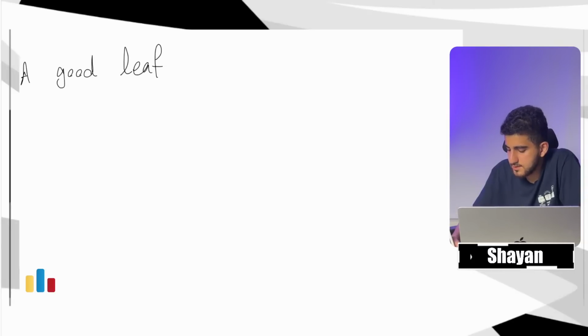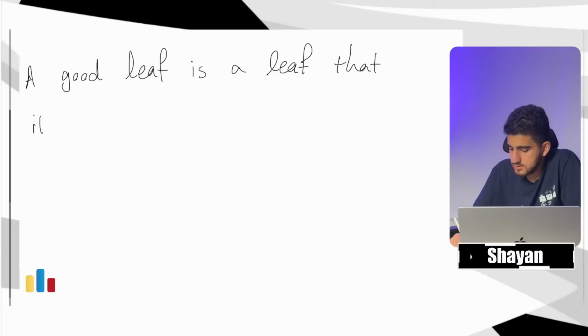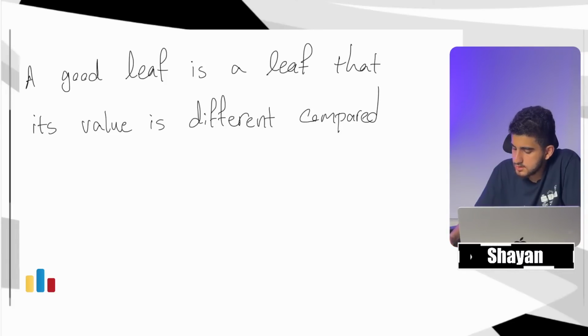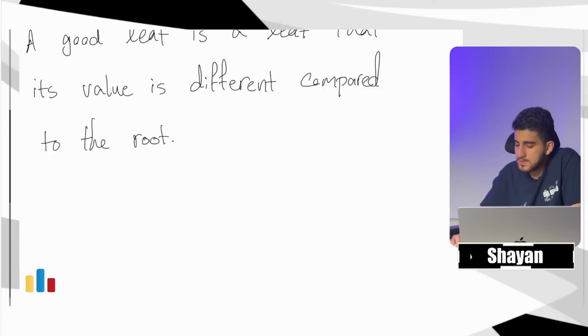A good leaf is a leaf whose value is different compared to the root. Why? Because what does it mean?